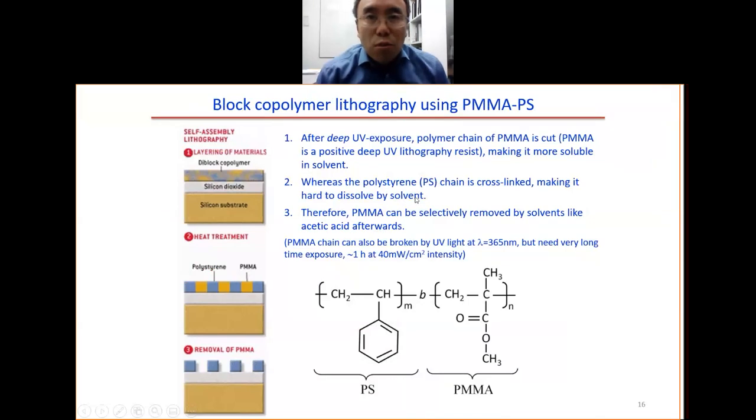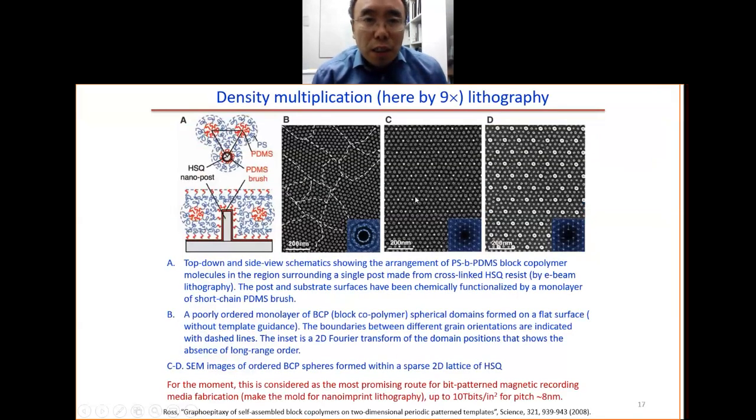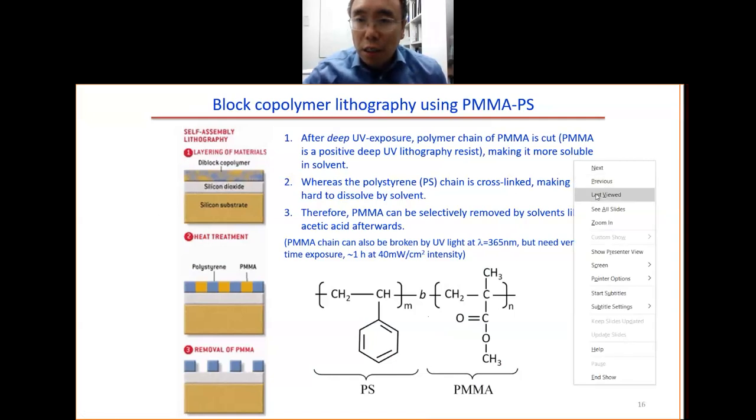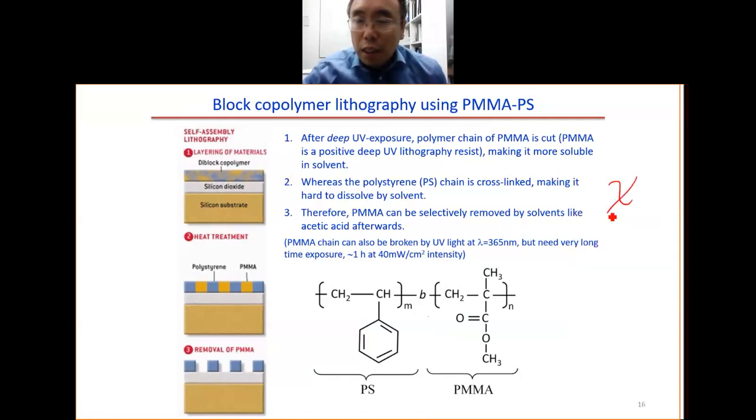Another example of pattern transfer is the PMMA block polystyrene. At the moment, this block polymer is the most popular. For this block polymer, the Flory-Huggins number K is not very big. That means the resolution is not so good.